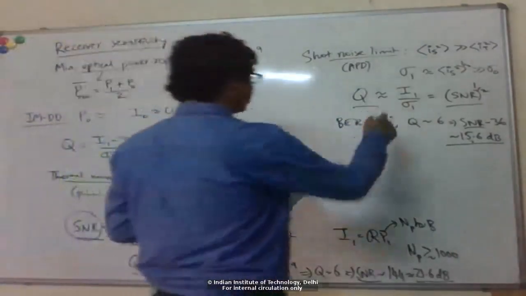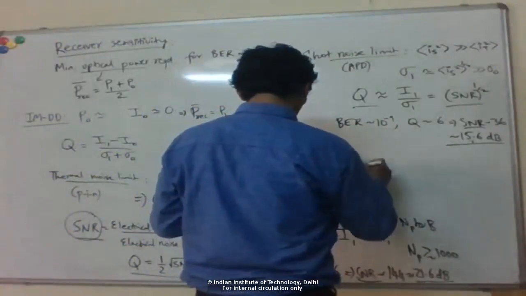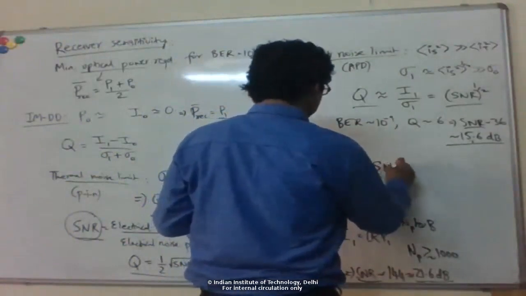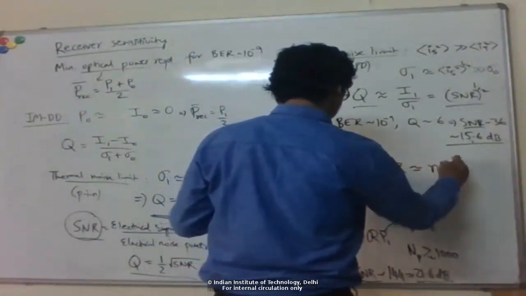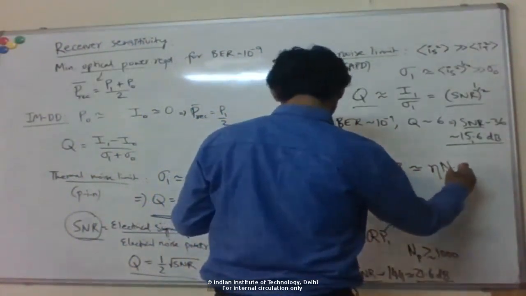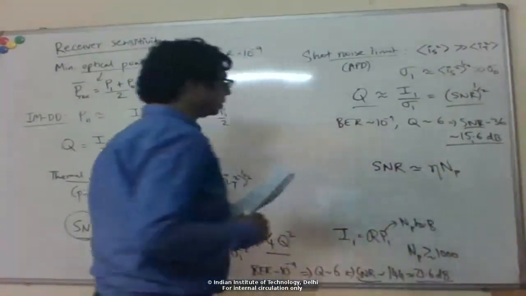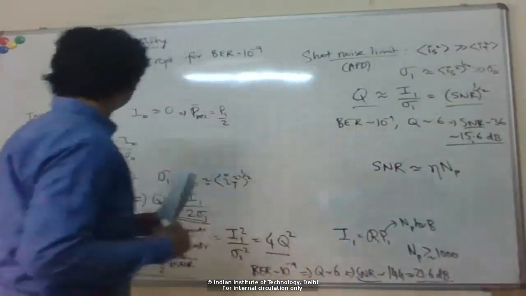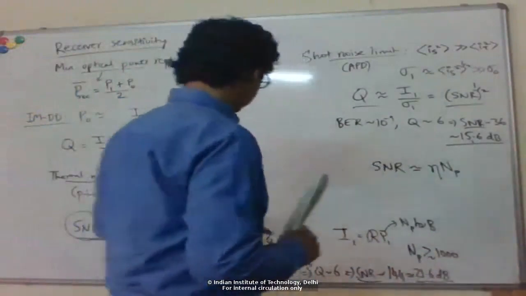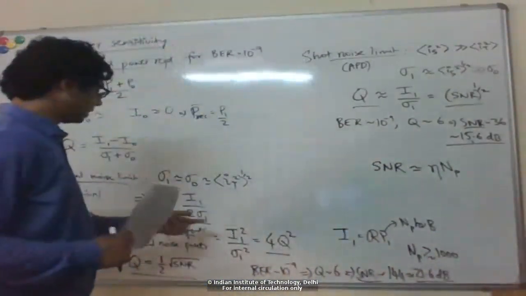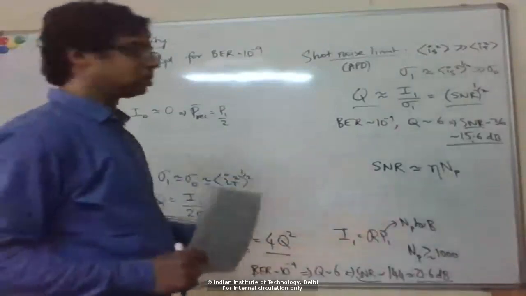Okay, in terms of the number of photons, this expression we derived last time. We started from this expression for I1, the responsivity times the optical power.